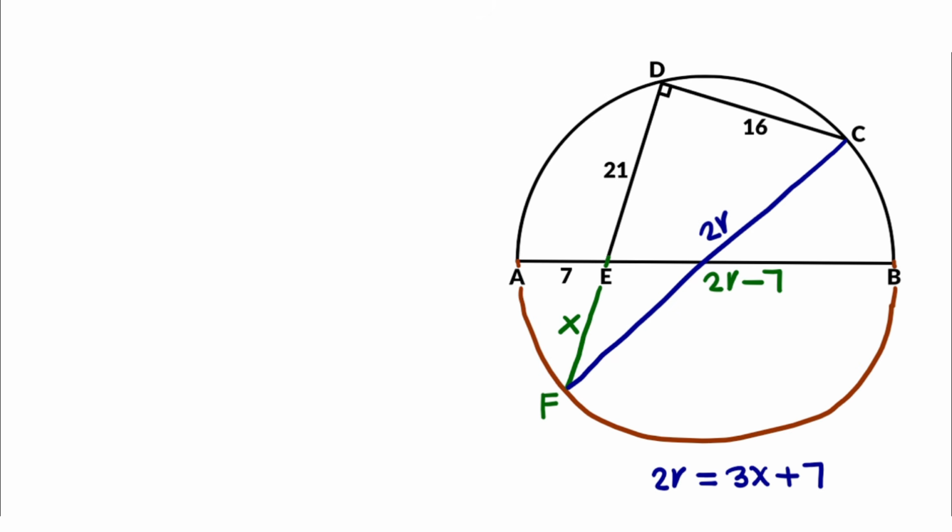Its 3 sides are easy to identify. One leg is 16, the other leg is 21 plus x, and the hypotenuse is the diameter, 2r. Using the Pythagorean theorem, 16 squared plus the quantity 21 plus x squared equals the quantity 2r squared.